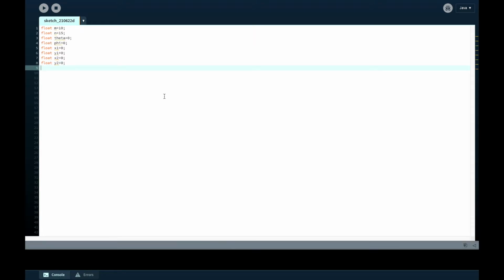We also need variables for the velocities of these two objects. Because we are dealing with two dimensions, we have vx and vy, and also ux and uy.